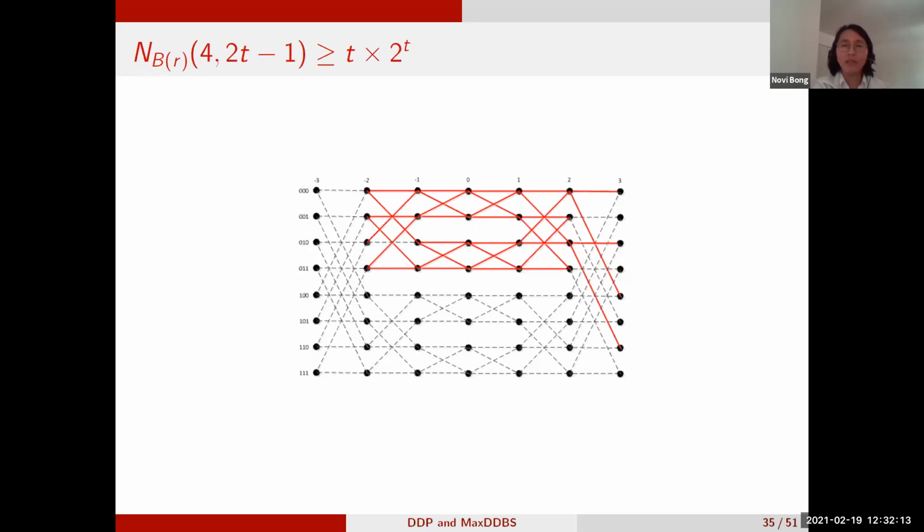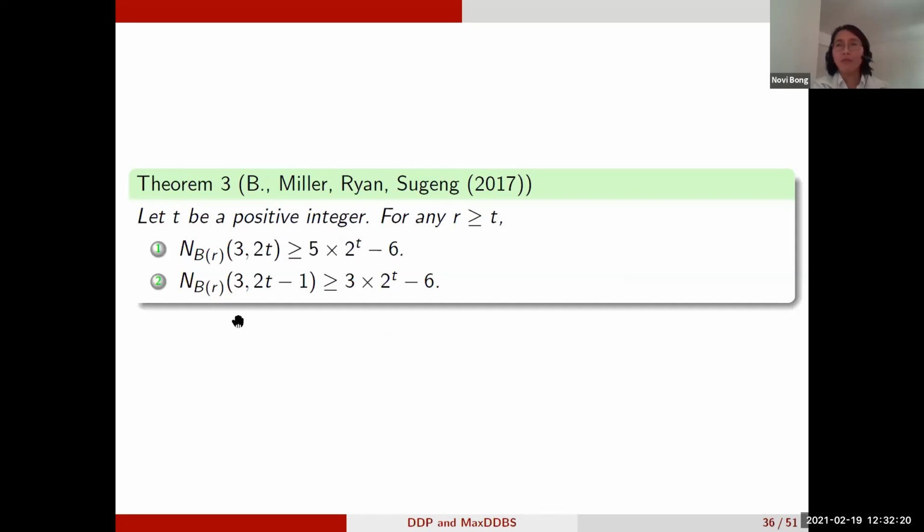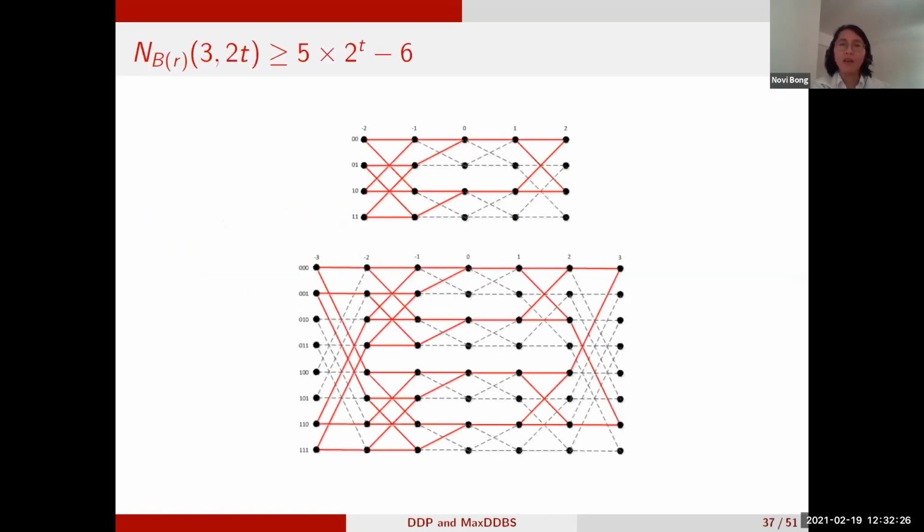The approach that we take in this problem is constructions. When we talk about maximum degree 3, we have the following constructions. This is for dimension 2, this is for dimension 3.